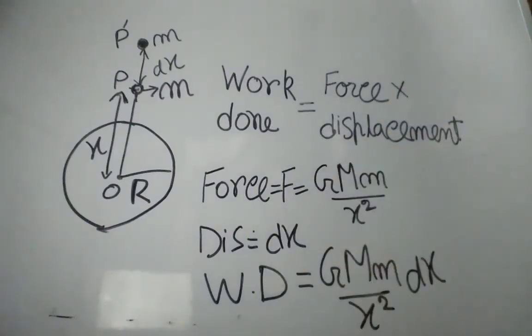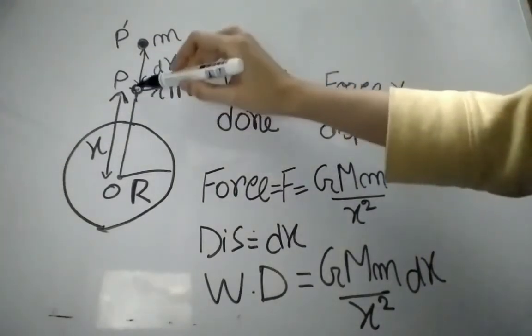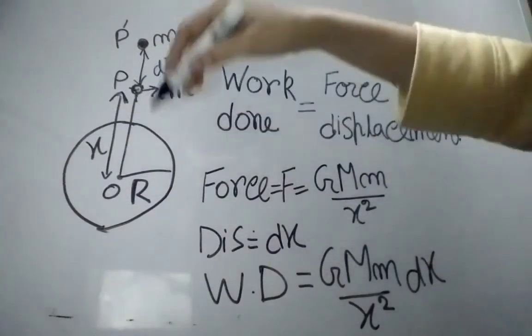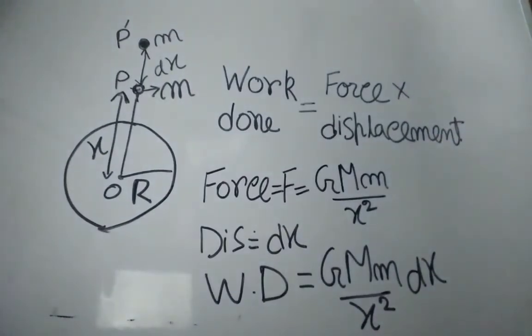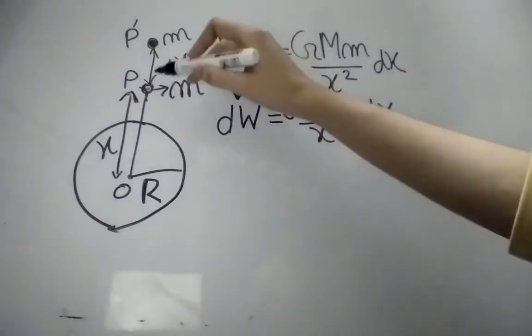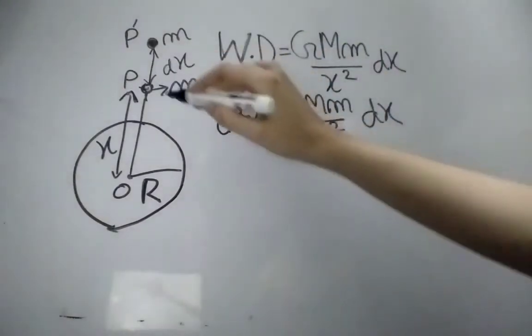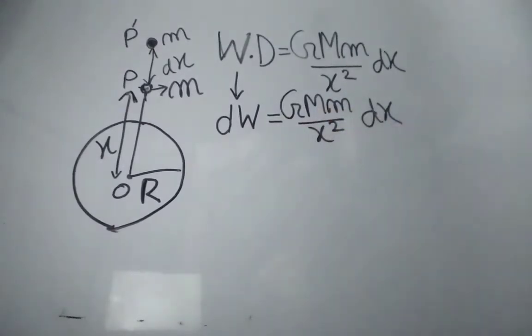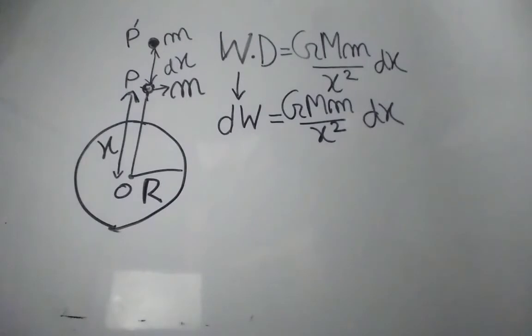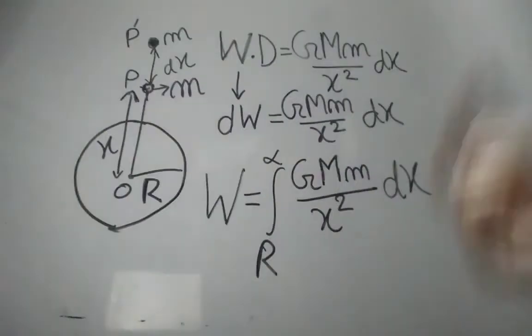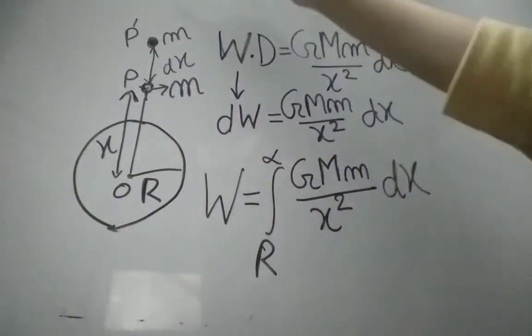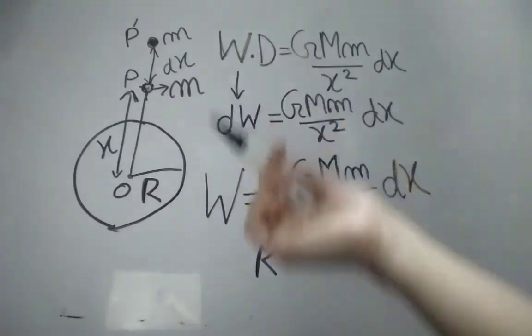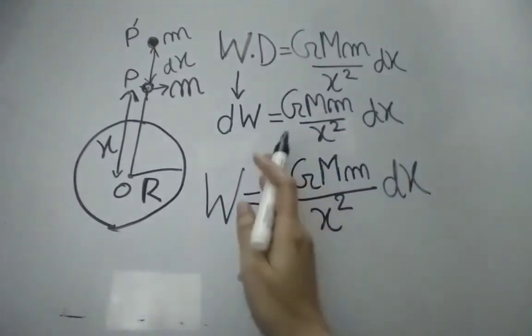Now we have to calculate the work done when we move the object from the earth's surface to infinity. As this work done is very small, we can write dW equals GMm by x square dx, because the displacement is very small, so the work done is also very small. If we move the object from the earth's surface to infinity, the displacement will be very high, so the work done will also be very large.